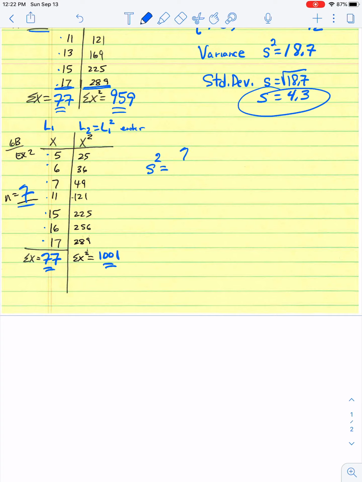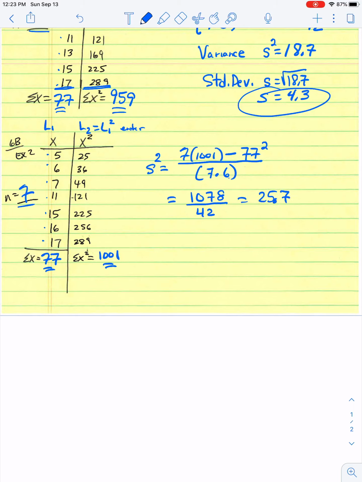So we'll do 7 times 1001 minus 77 squared all over 7 times 6. So that's n and n minus 1. If you do the calculation on top, it should come out 1078. Divide by 42, and I'm looking at 25.7.